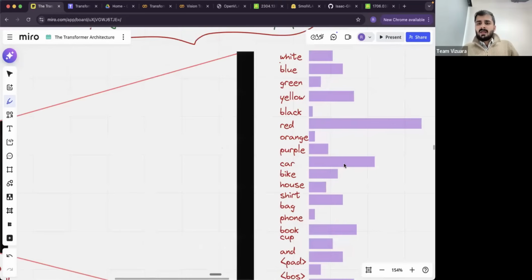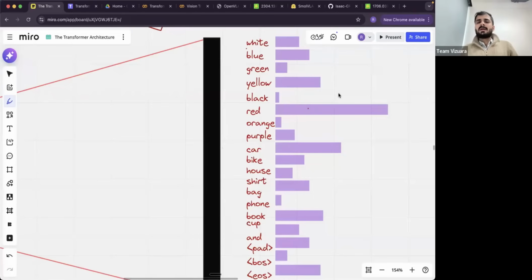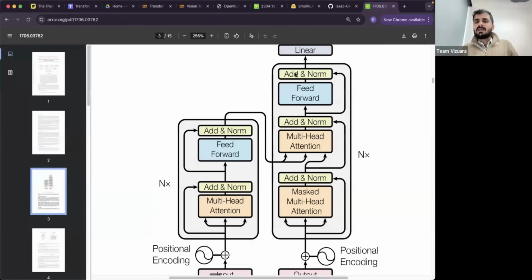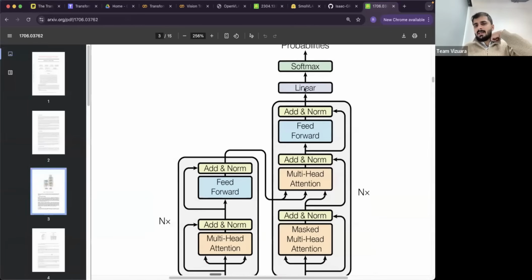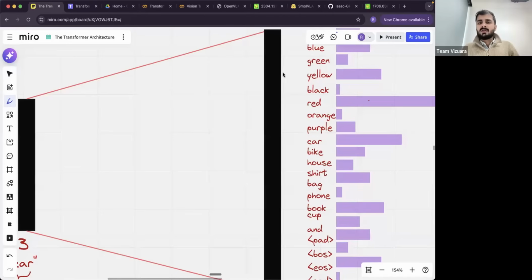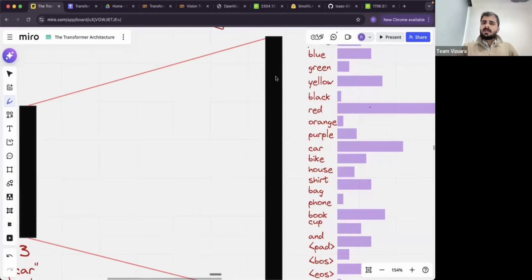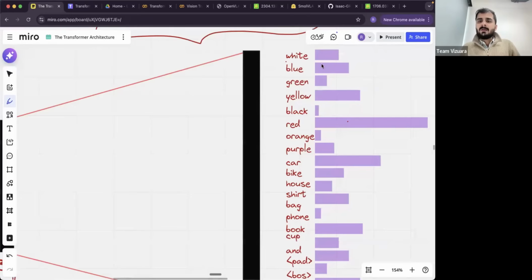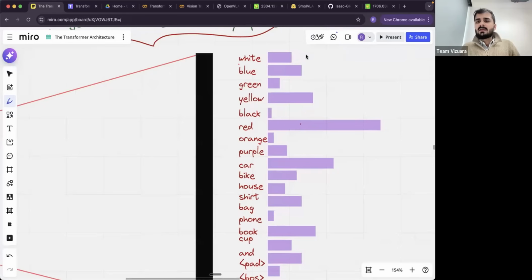And you look at this and you see that, oh, red has the highest value, so my next token is red. And this is exactly the last layer which you see here, which is linear and softmax. Usually, once you project it into the vocabulary space, you get values for all of these like 30, 40, 50, 120, etc. And then you apply a softmax layer to convert it into probabilities between 0 and 1.